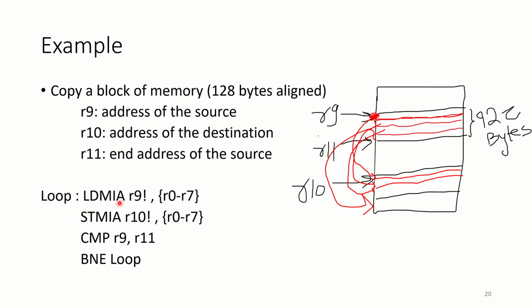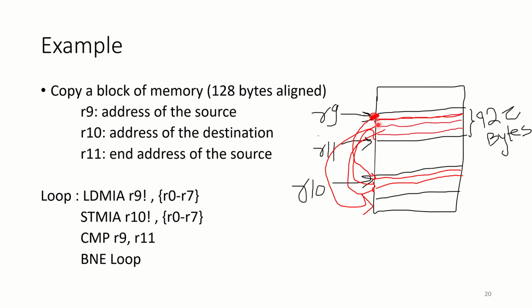So we write LDMIA R9, R0 to R7. The value at R9 is going to be loaded into R0, then the next value into R1, then R2, R3, R4, up to R7, only 8. We do not know how many locations there are from R9 to R11. The first 8 locations are going to be stored into R0, R1, R2, R3, R4, R5, R6, R7.